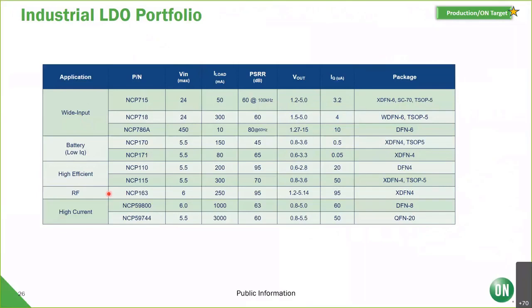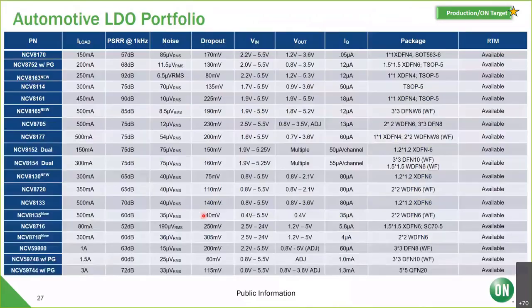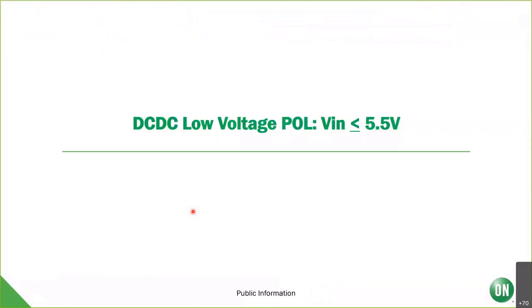We've got RF, which is like the 163. I mentioned that. Got 95 dB of PSRR, and we also have some high current LDOs. So a lot to choose from with onsemi. And then also we've got a really wide portfolio of automotive LDOs too, which is worth looking at later at your leisure. So now let's move on to the DC to DC.